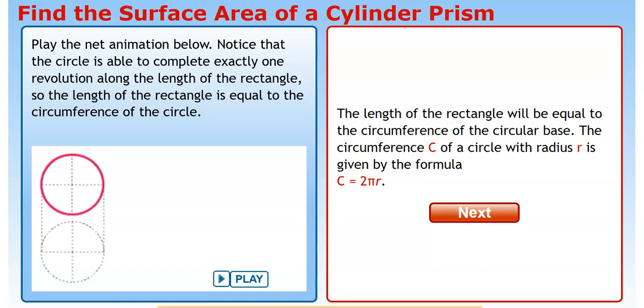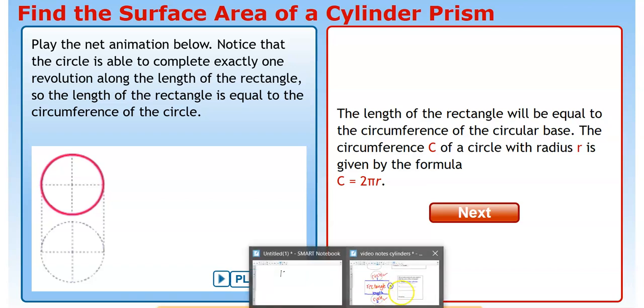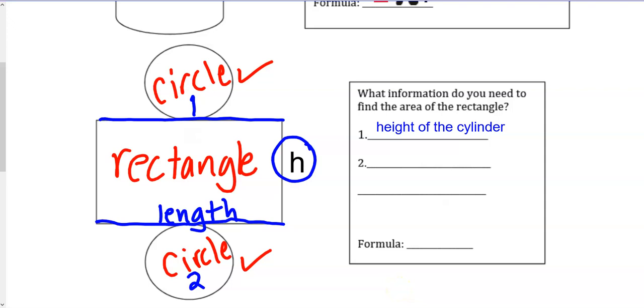Now let's go back to our notes and put all this together. If you notice from the video, and I'll use red just like in the video, this line is going to be equivalent to the distance around the circle. You saw in the animation, when the cylinder went into net form, this line, the circumference of the circle, the line around the circle, was equivalent to the length of the rectangle.